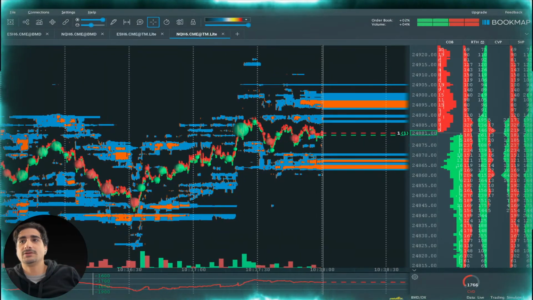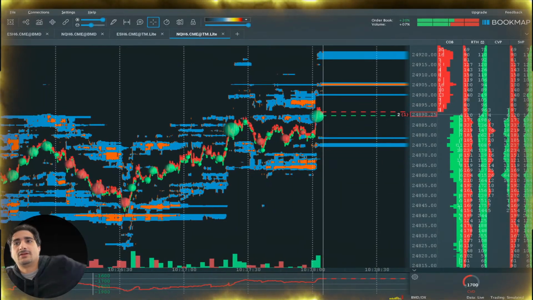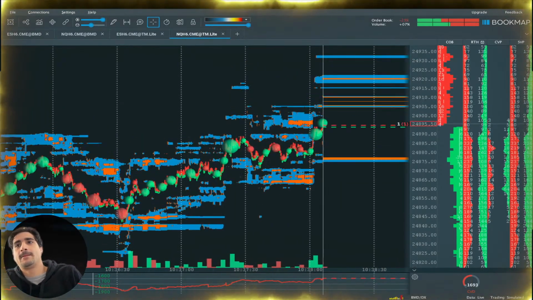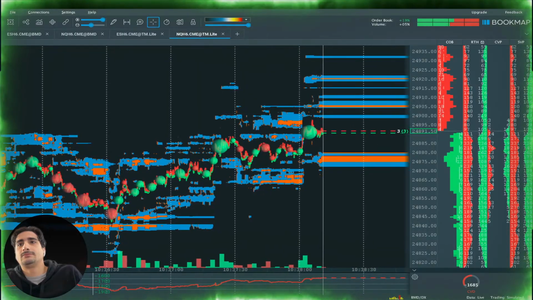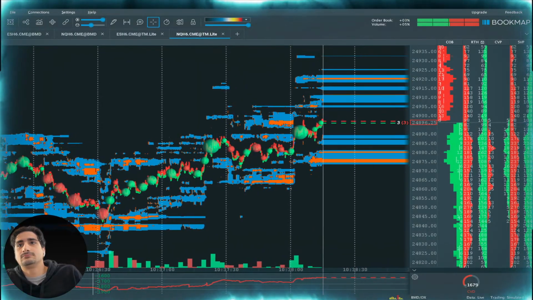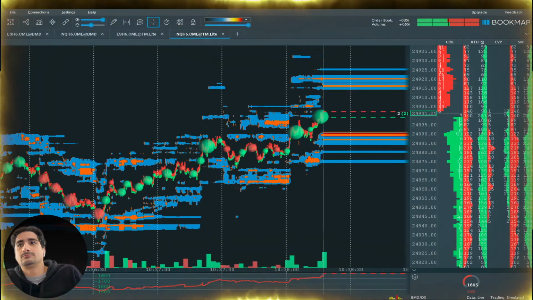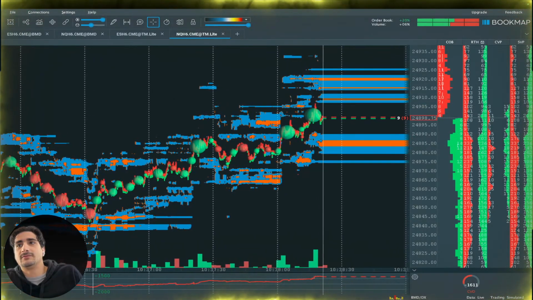I want to short this, but I feel like I should wait, because other people I think need to short that too. Look how fast this thing is moving.